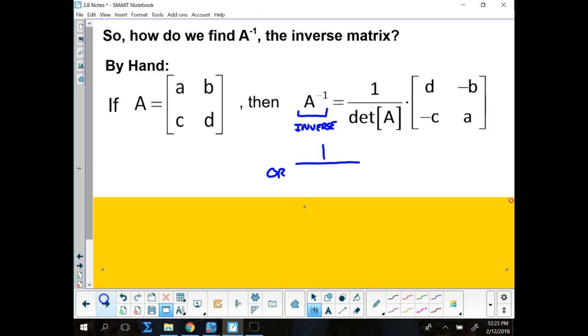So that's going to be A times D minus C times B. Times that new matrix, D, negative B, negative C, A. So, in just the matrix part now, what did I do to matrix A?